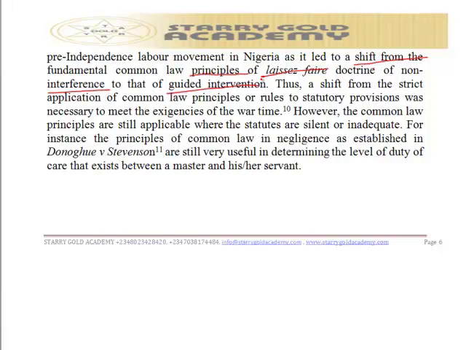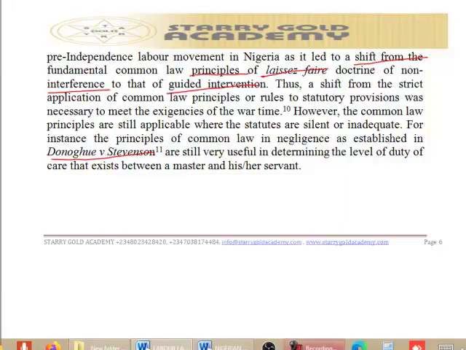For instance, the common law principle of negligence was established in Donoghue v Stevenson. This is still very useful in determining the level of duty of care that exists between the master and his or her servant. So that is a little history regarding Nigerian labor law.